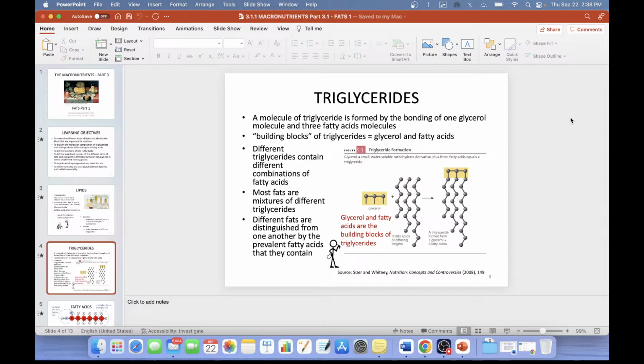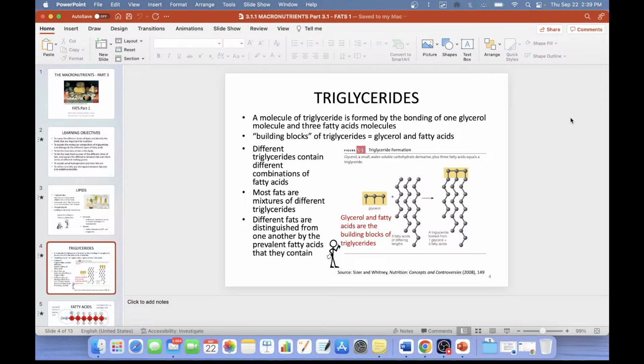That's what the word triglyceride means. It refers to this kind of structure. So when we talk about the molecular building blocks of triglycerides, we mean glycerol and fatty acids.